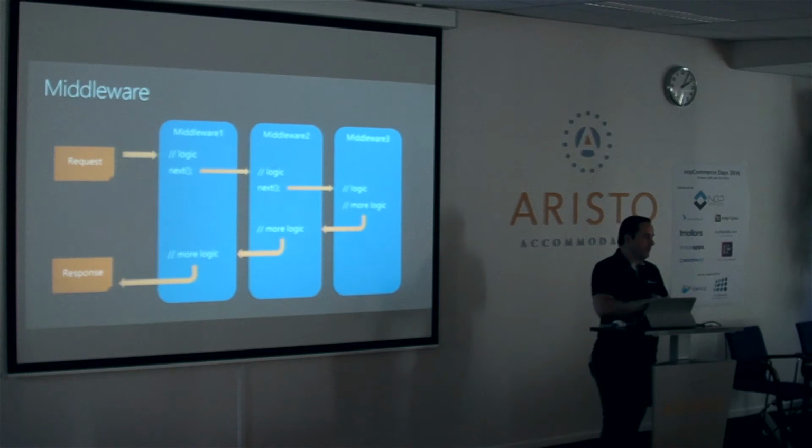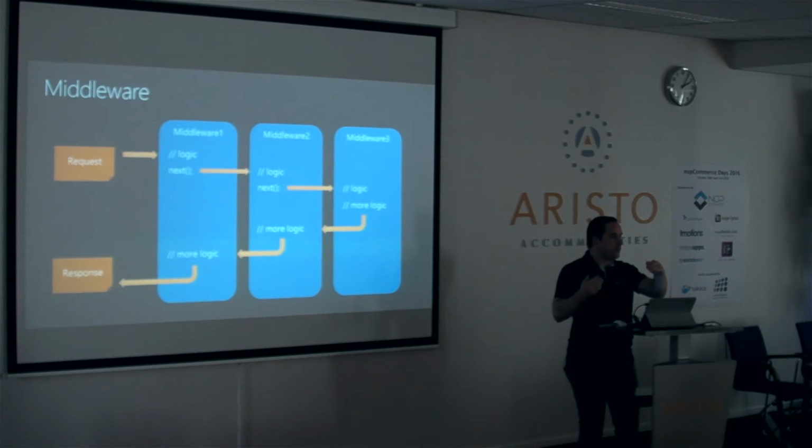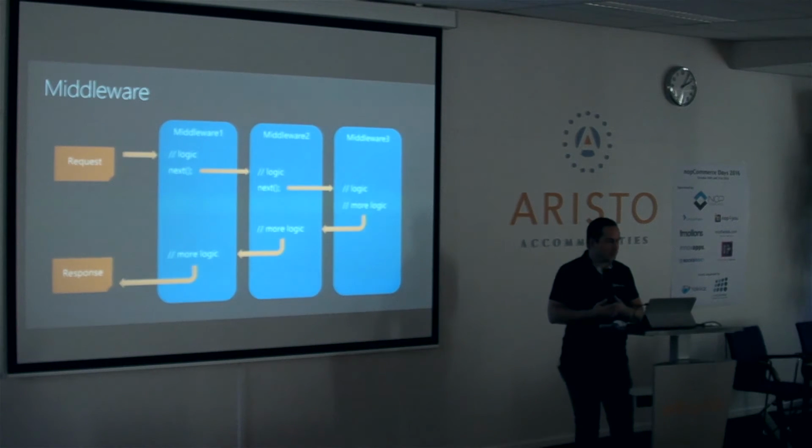The middleware is like the pipeline, how the request is routed to your application. The end user fires a request through their web browser to your proxy, which I call IIS or maybe Apache as web server, and then the request is forwarded to the Kestrel web server from ASP.NET Core.